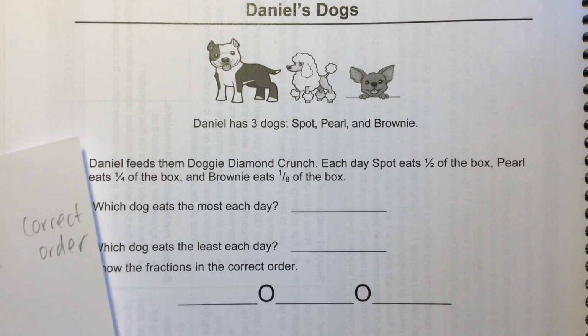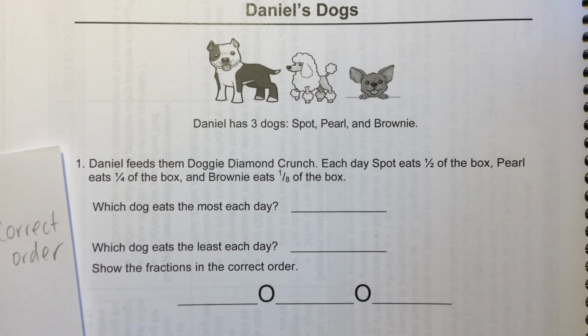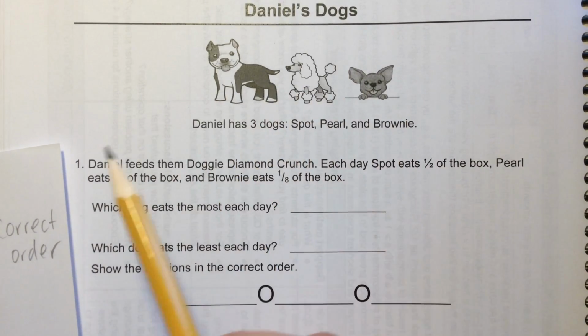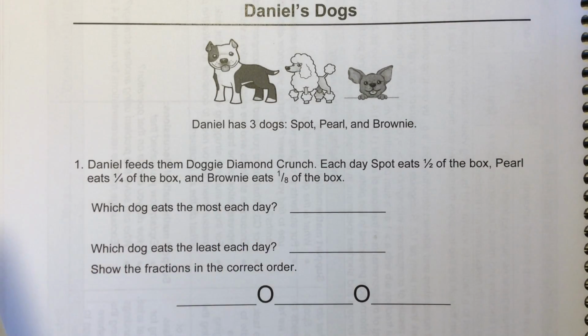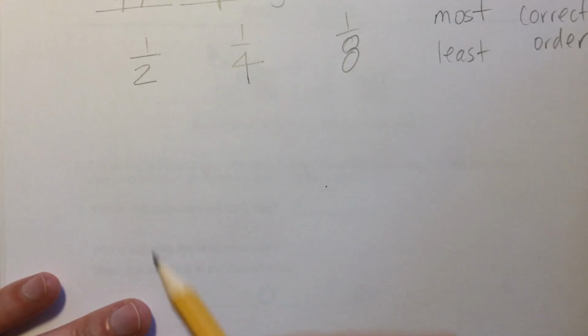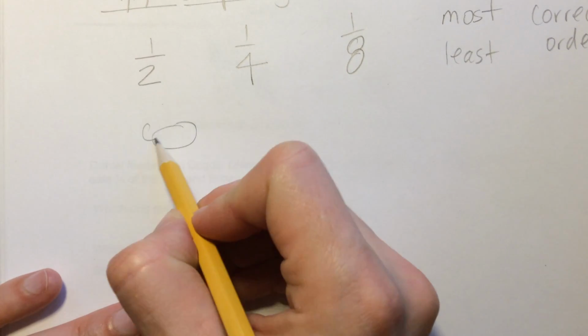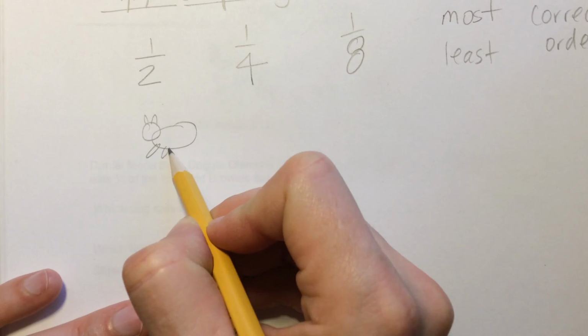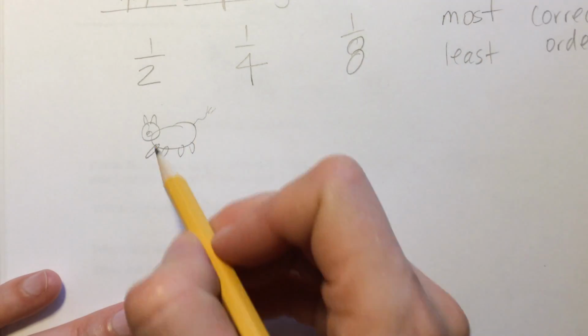Okay? And if you were an excellent student, you would also have done a movie in your mind. But I see the doggies here. That's enough of a movie for me. So there's a dog.